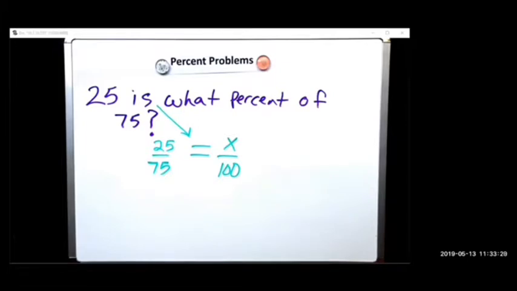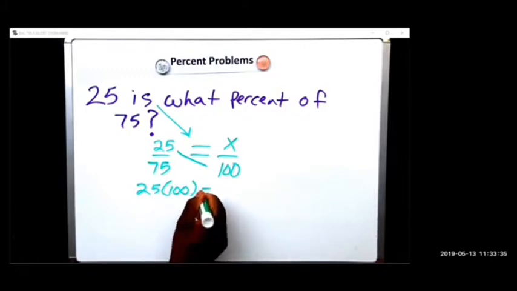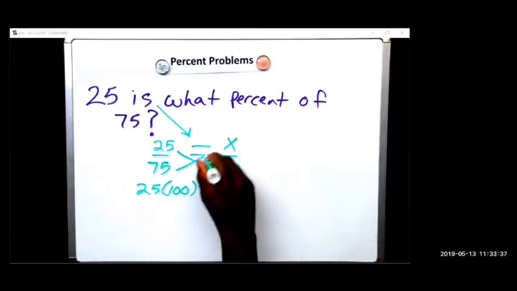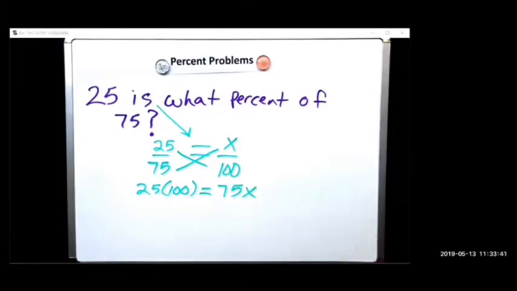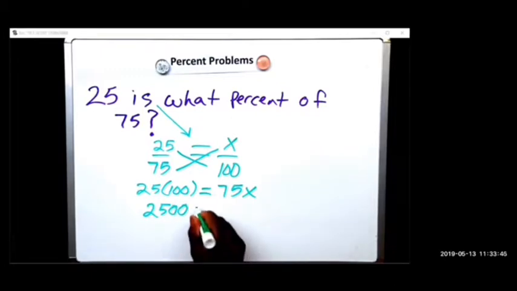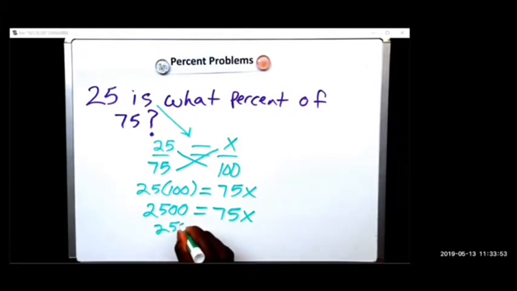75 must go there. Cross product, 25 times 100 equals 75 times X. Multiply, we get 2500 equals 75 times X. Okay? Remember, I like to write that step again just to make it explicit.